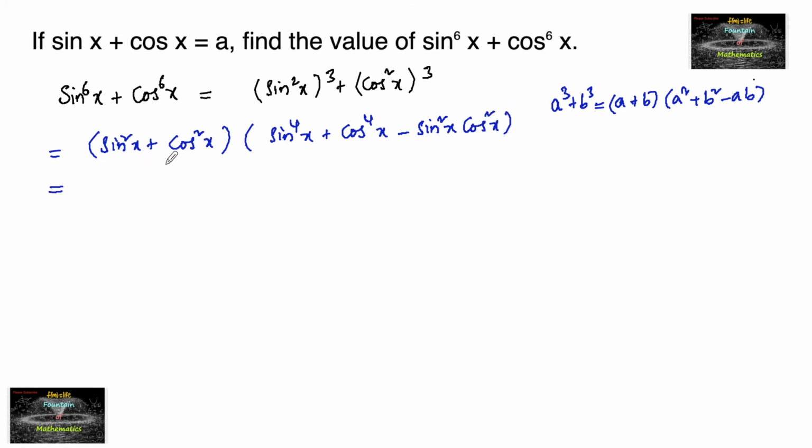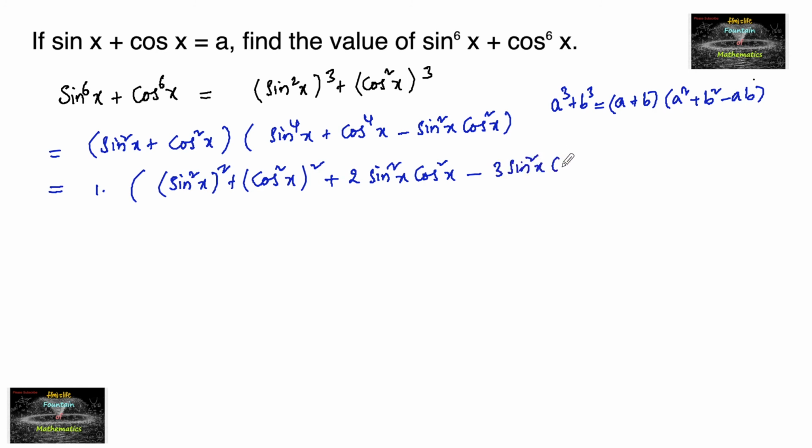Sin square x plus cos square x is 1, into sin power 4 plus cos power 4, we can write it as (sin square) whole square plus (cos square) whole square plus 2 sin square x cos square x minus 3 times sin square x cos square x. So plus 2 minus 3 will give minus sin square x cos square x.